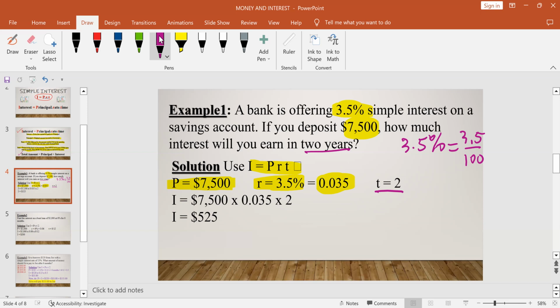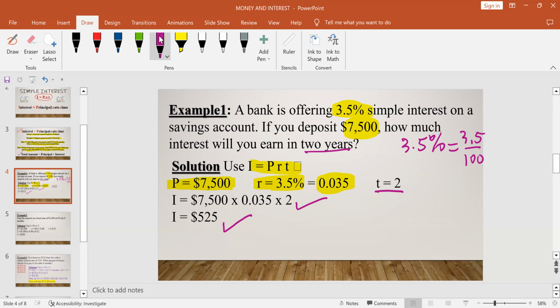So to find the interest here, I equals P multiplied by R multiplied by T, we just put all these numbers together with the multiplication symbol. Therefore, we get I equals 525. So that's the extra fee that the person earns on the deposit.